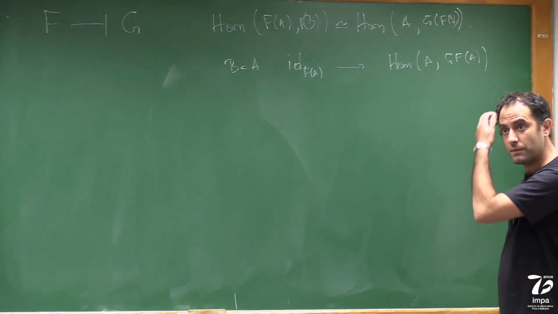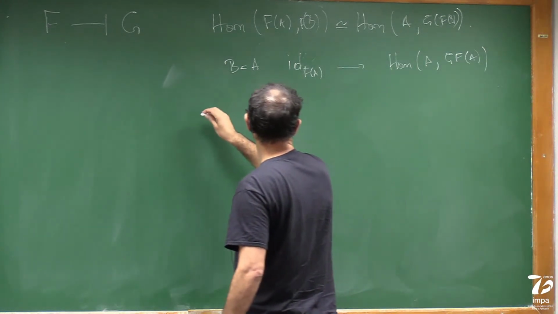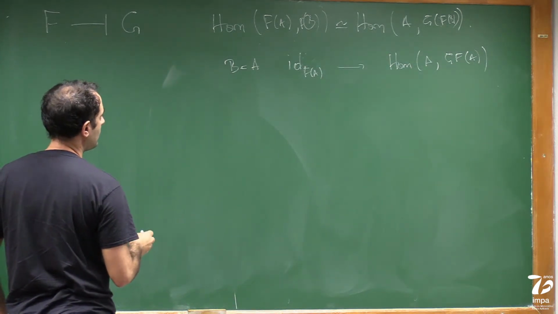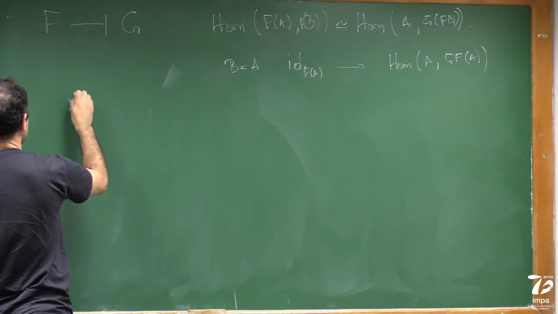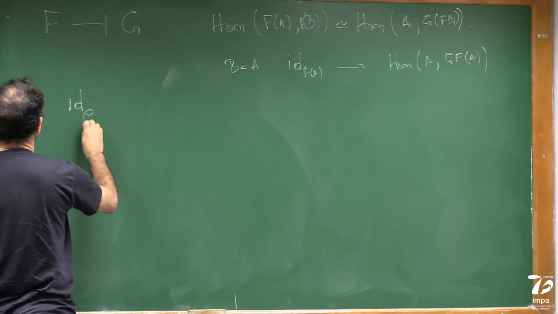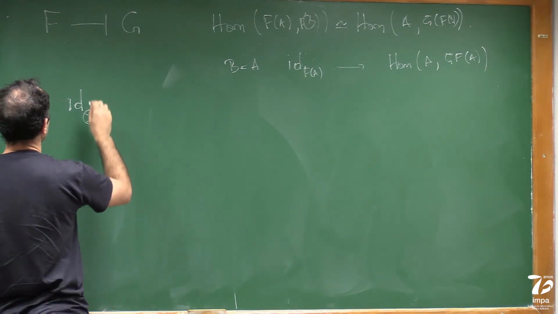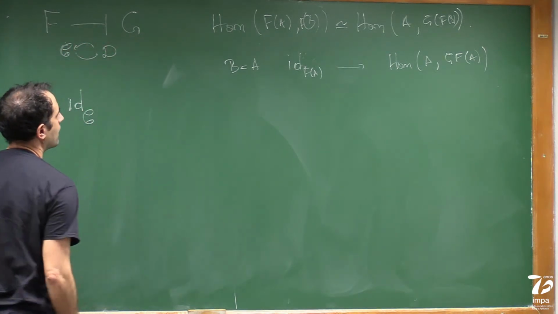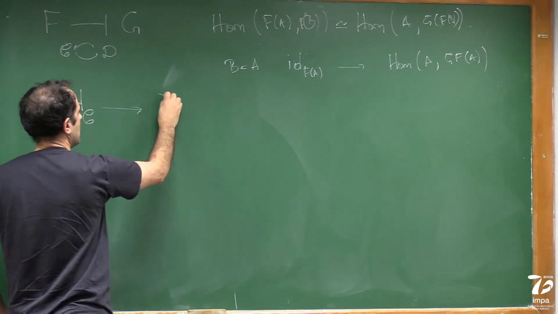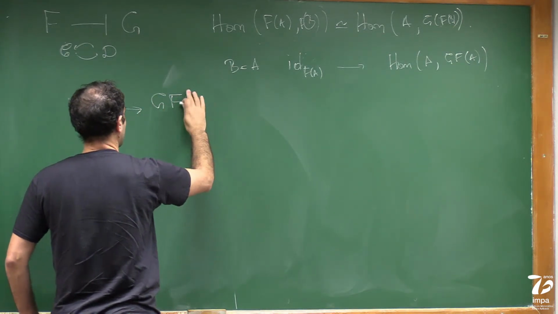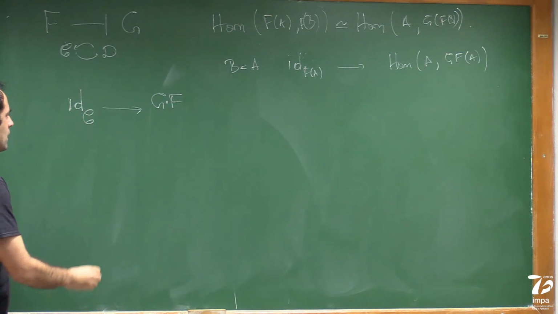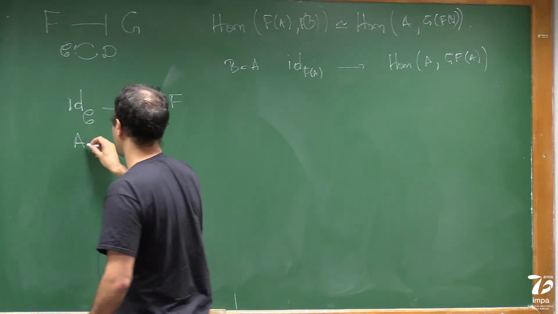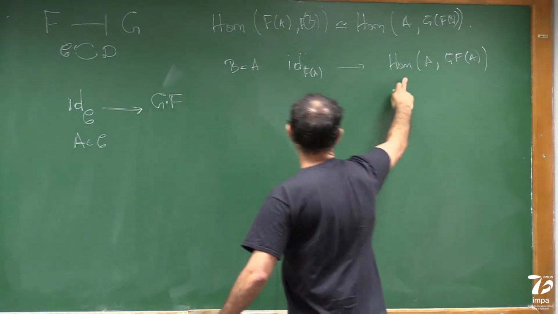And this is a natural transformation. So what I get is, if F is left adjoint to G, a map from the identity functor in the category C. Remember, these were functors from C to D, to G of F in the category C. So that's a natural transformation that sends an element A in the category C to this object here.